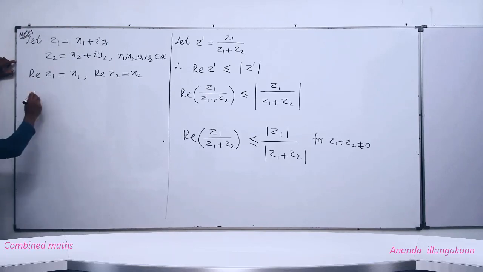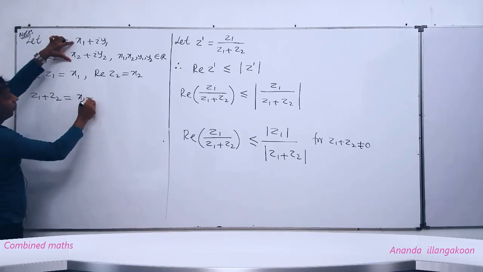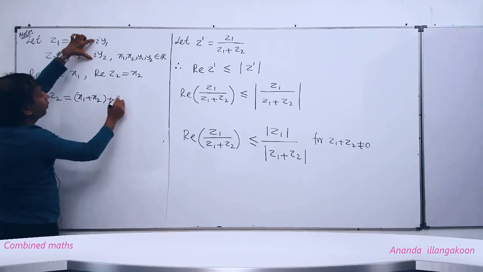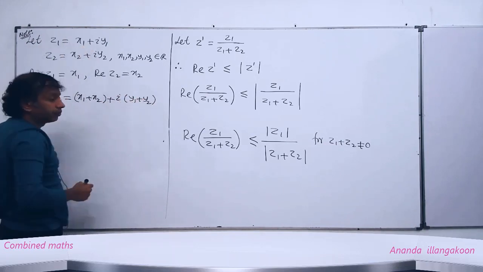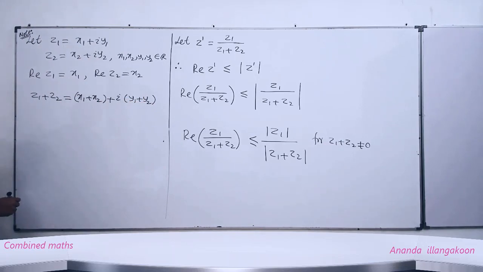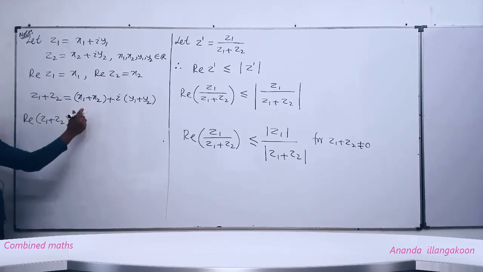Now I am going to add Z1 plus Z2. Here, x1 plus x2 plus, taking this i out, y1 plus y2. Okay. Then I am going to write the real part of this Z1 plus Z2. It is this.